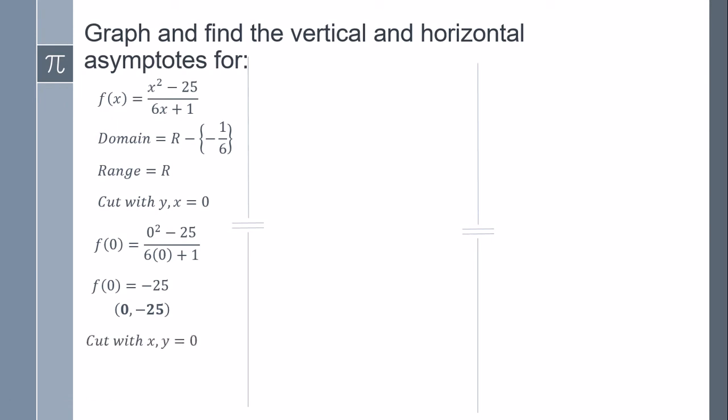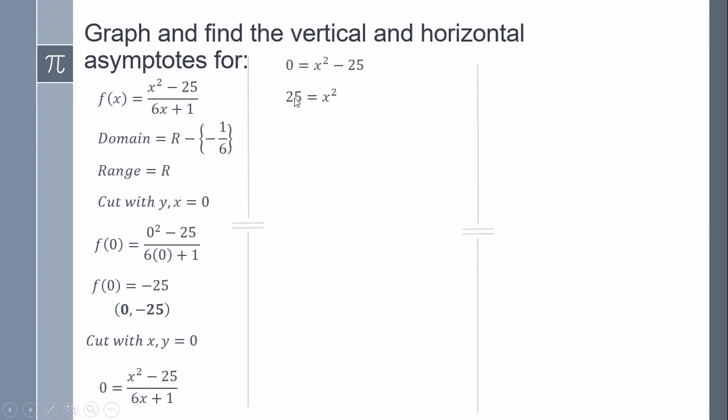On the other side, to find the cut with x, I need to see when y is 0. So instead of f of x, we put y equal to 0. This is dividing, so it goes to the other side multiplying, and we arrive at x squared minus 25.